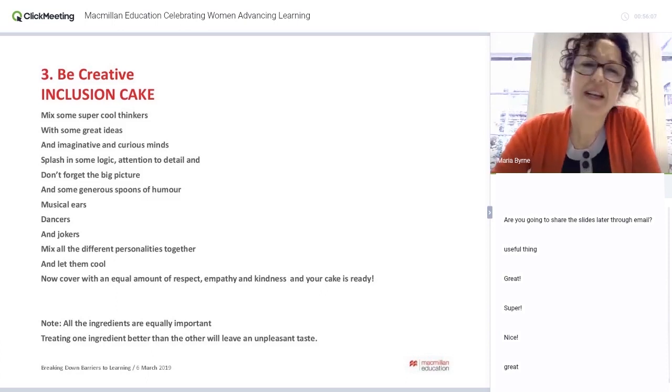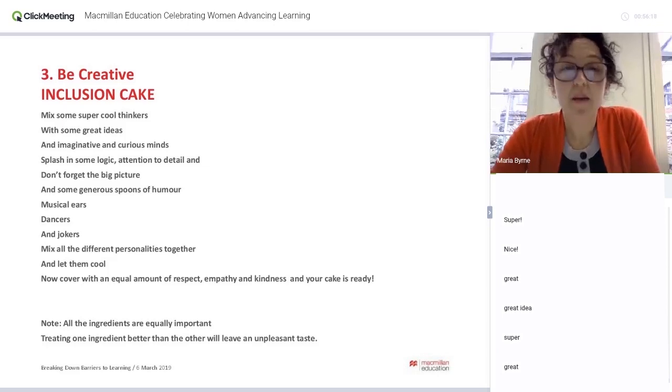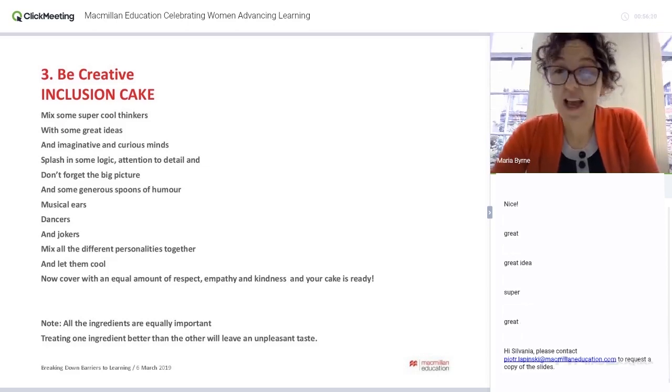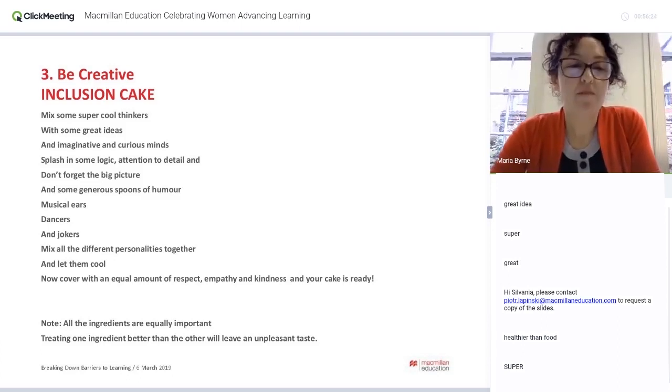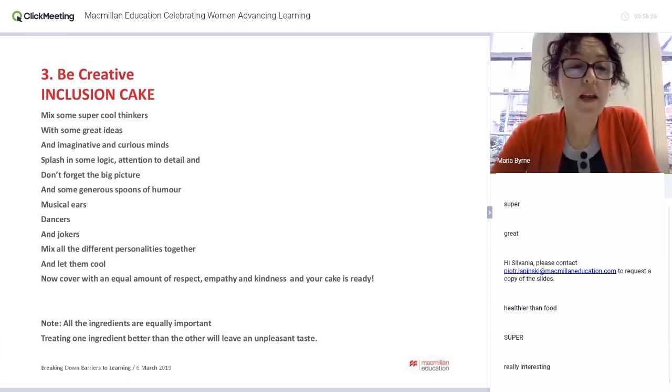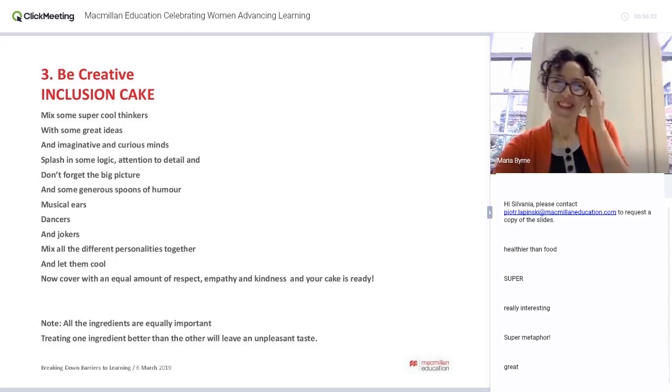Add some generous spoons of humour, musical ears, dancers, jokers, and mix all the different personalities together and let them cool. Now cover with an equal amount of respect, empathy, and kindness, and your cake is ready. Note, all the ingredients are equally important. Treating one ingredient better than the other will leave an unpleasant taste.